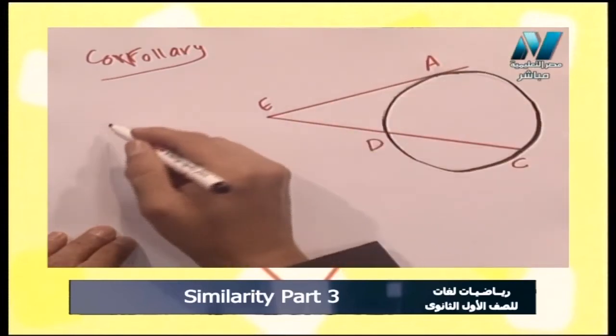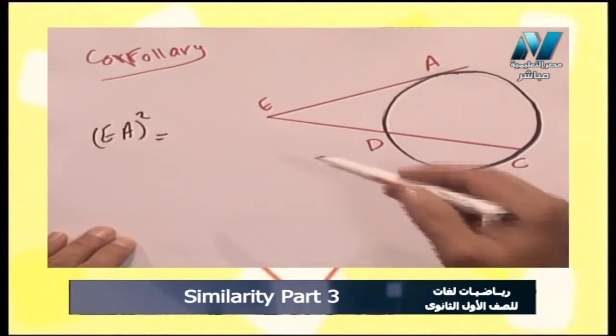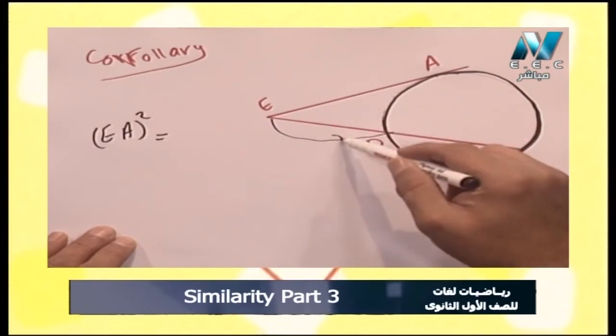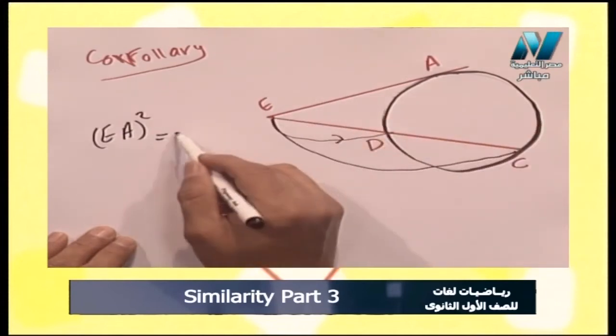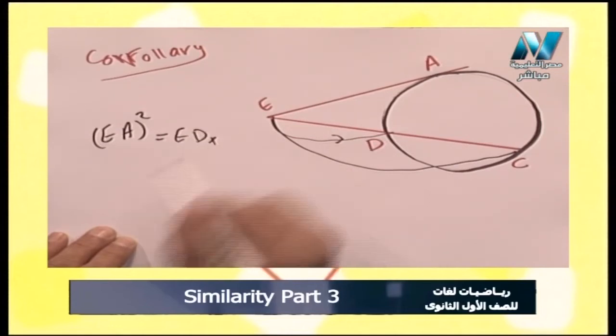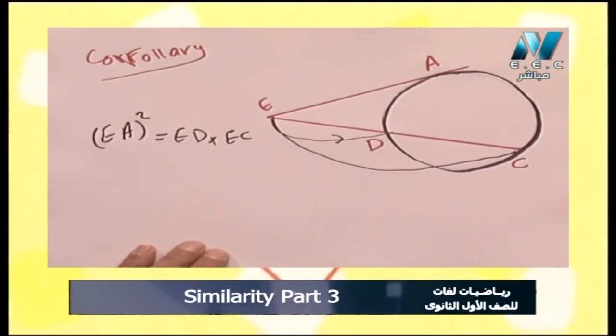EA power 2 equals ED multiplied by EC. So concentrate with me well.